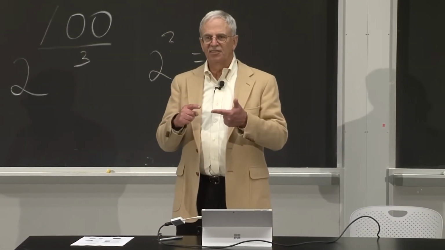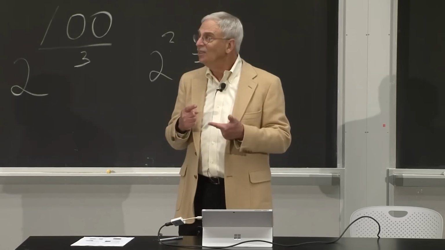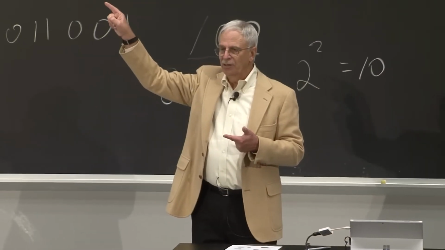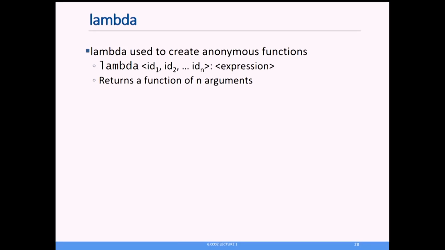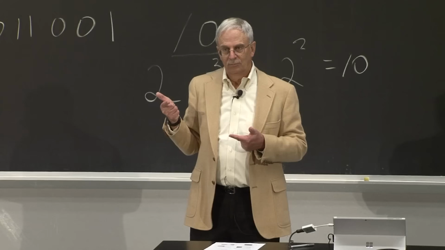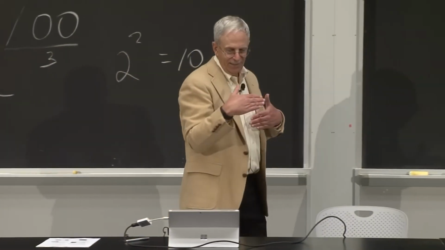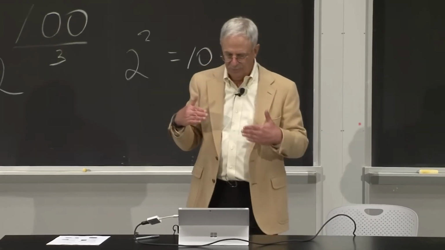What lambda does is it builds a function that evaluates that expression on those parameters and returns the result of evaluating the expression. So instead of writing def, I have defined a function inline.